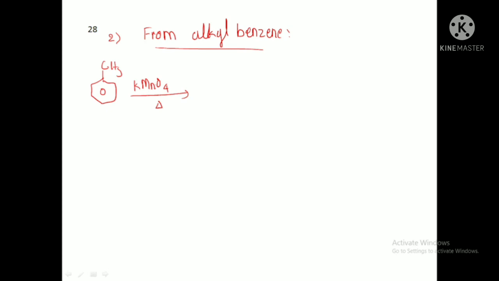Toluene on heating with KMnO4 in the presence of KOH will give an intermediate compound, that is potassium salt, potassium benzoate, C6H5COOK. This potassium benzoate on acidic hydrolysis will give benzoic acid, C6H5COOH. Benzoic acid will be formed. This is from alkyl benzenes. I took the simple example of toluene in this case.